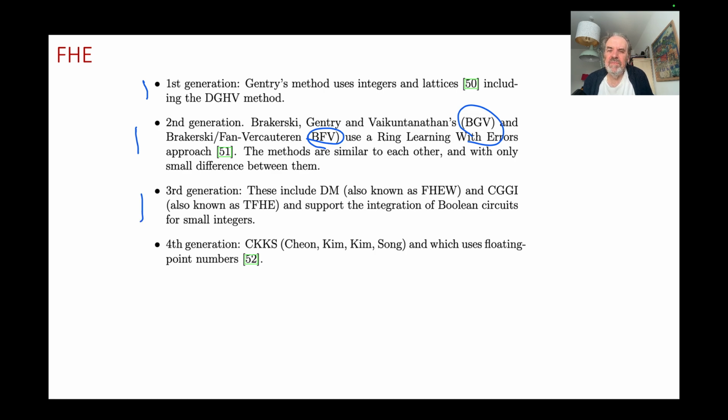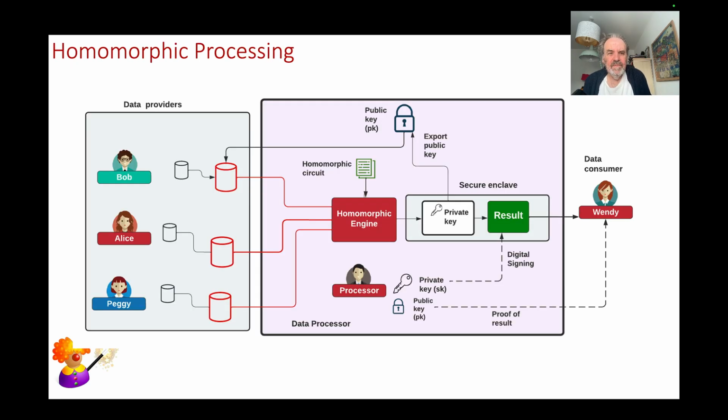Then the third generation brought in the usage of Boolean circuits, where we can use any Boolean logic that we have, and any mathematical function can be broken down into AND or OR gates, and that's known as DM and CGGI. And then finally, the fourth generation is where we can operate on floating point values, and that's with CKKS.